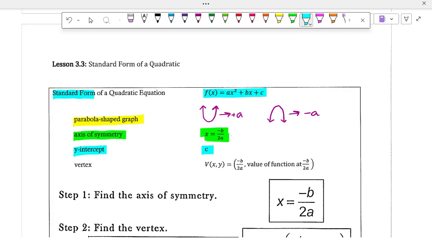All right, it's kind of similar to slope-intercept form. So you guys remember y equals mx plus b? What was the y-intercept? The b. So in other words, the constant. Same thing. Usually the constant of any standard form polynomial is the y-intercept. All right, so that's why the c is the y-intercept.